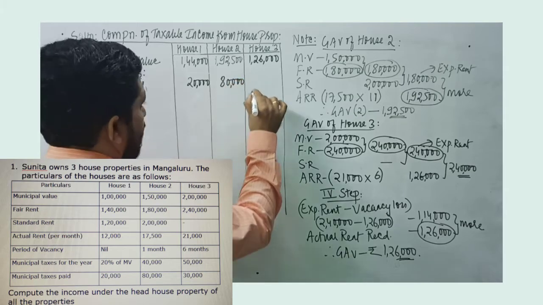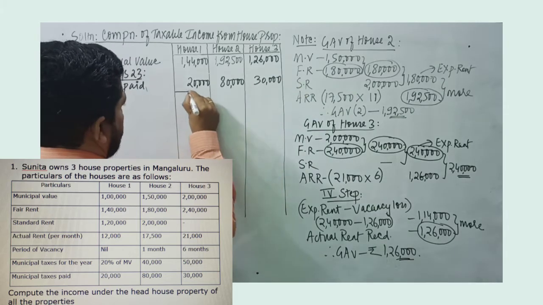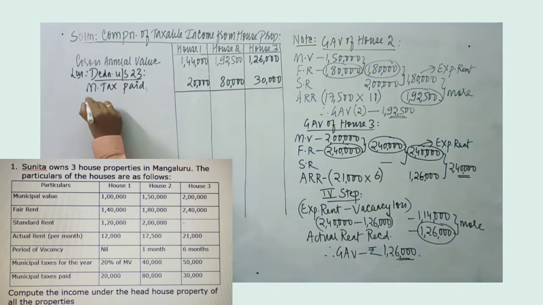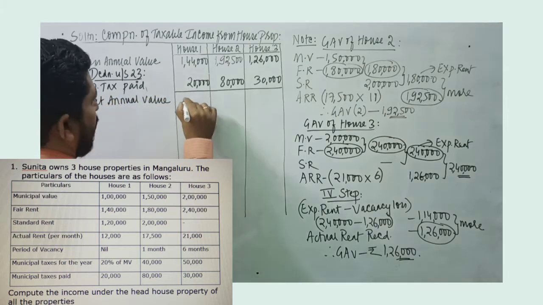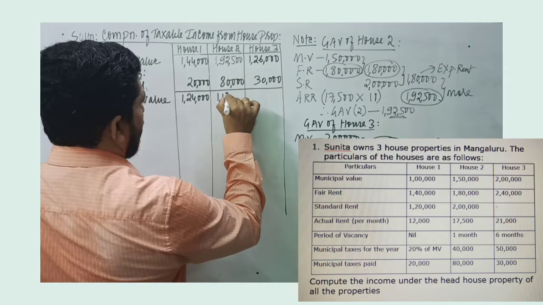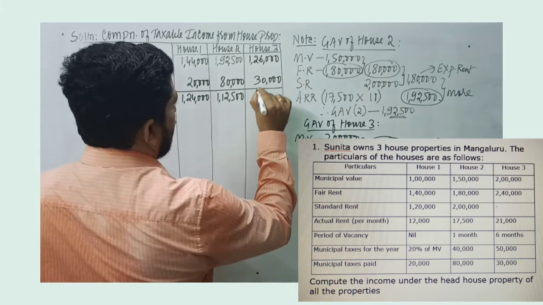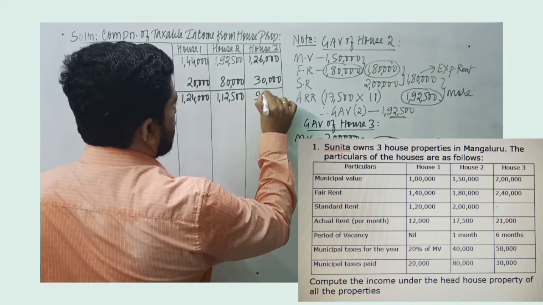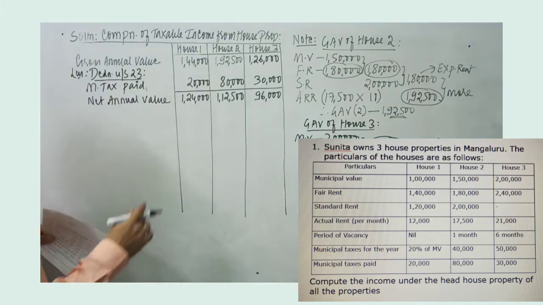And for house 3, it is 30,000. So we deduct. When we deduct, we get net annual value. So net annual value of house 1 would be 1,24,000. For house 2, it will be 1,12,500, and house 3 would be 96,000. So these are the net annual value, NAV.